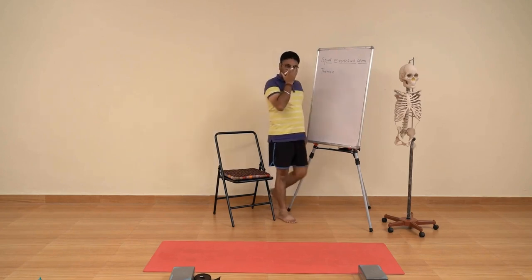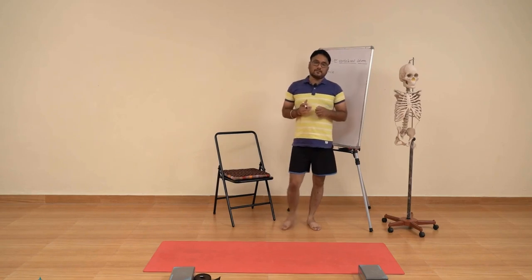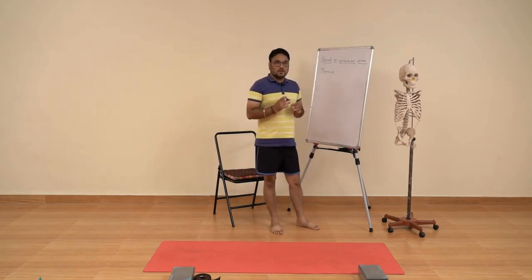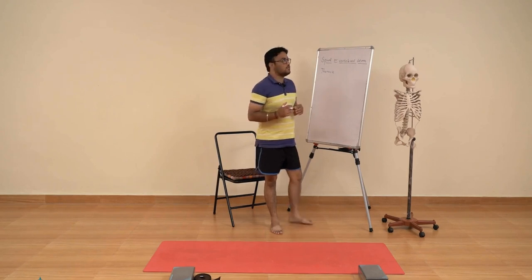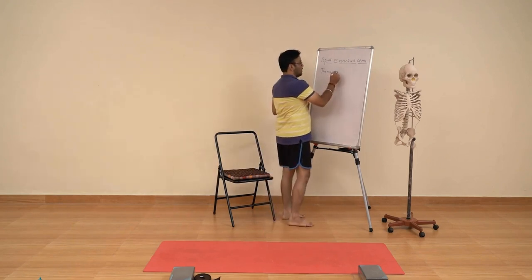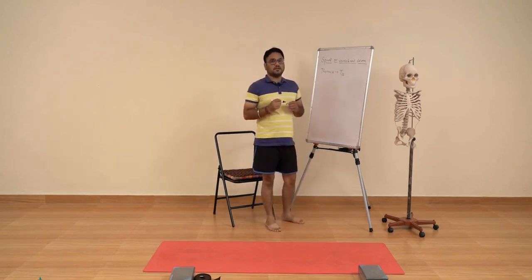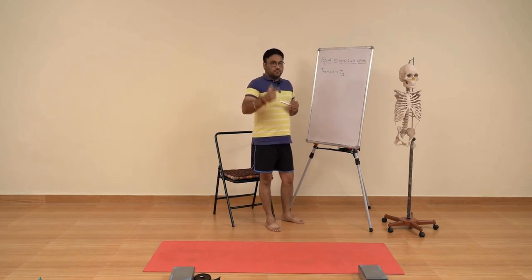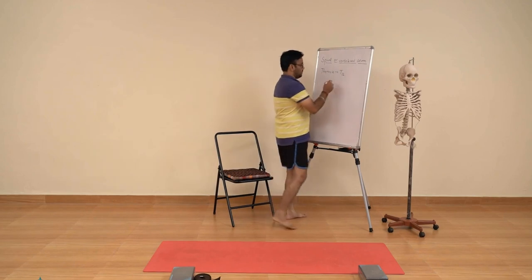If I am talking about the thoracic spine, these are 12 in number. That's why we denote it T12. T for thoracic, 12 is the number of thoracic vertebrae. This is bigger than the cervical spine.